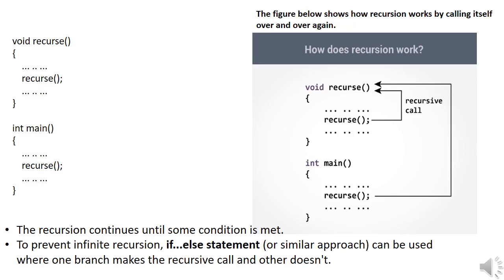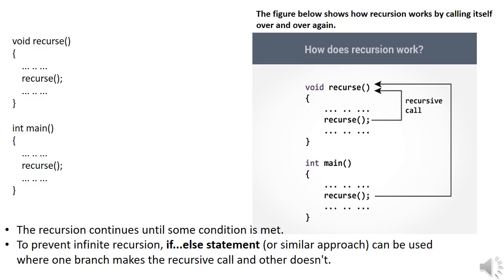Then what will happen in the case of a recursive call? That you can see on the right side. When I call the function recurse in the main function, the control goes to the function definition. Inside the function definition, I call the function recurse again. Then the control again goes to the function definition and executes the set of statements inside it.